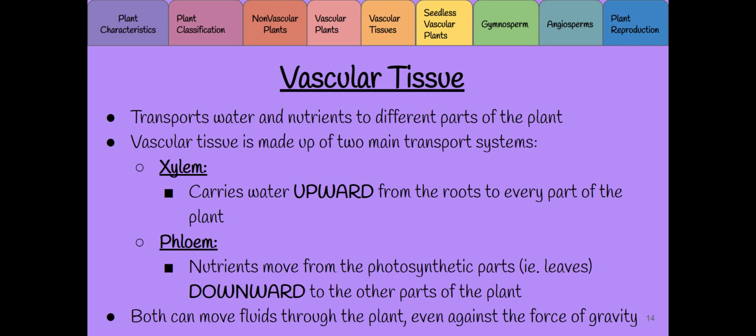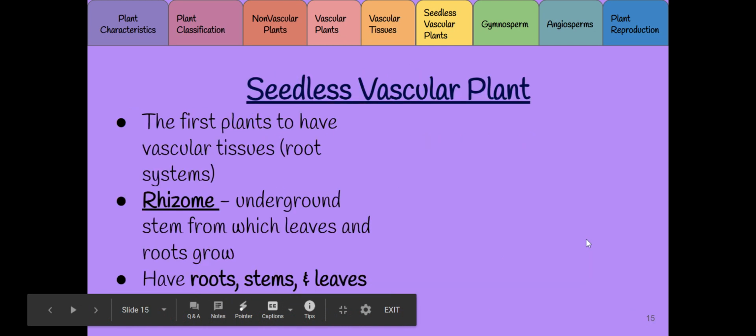And next you have phloem. Phloem carries nutrients made by photosynthesis in parts like the leaves downward to other parts of the plant. Both can move fluids through the plant, even against the force of gravity. Phloem carries food down from the leaves.